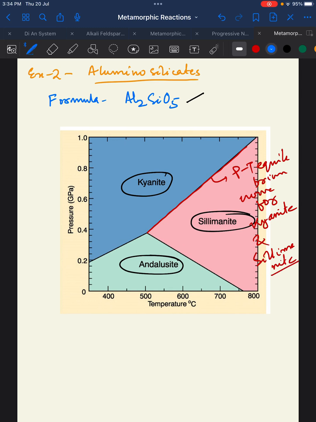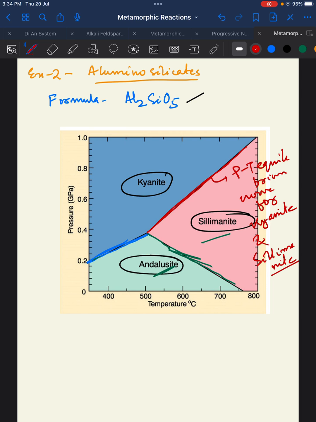Similarly, this line is for andalusite and kyanite, and this line is for andalusite and sillimanite. Along this green line both andalusite and sillimanite are stable, along this blue line andalusite and kyanite are stable. Similarly, along this red line kyanite and sillimanite are stable.